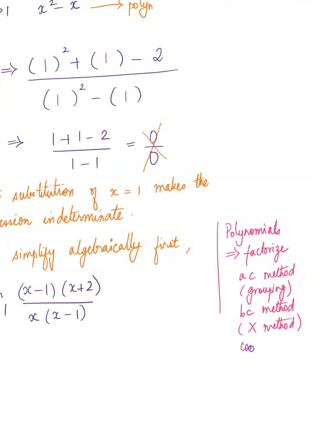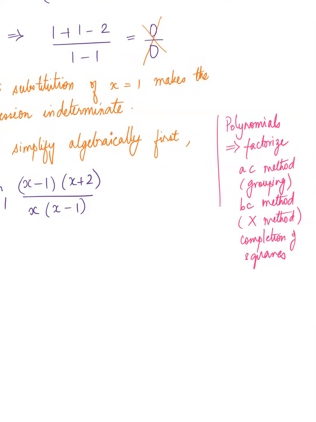Then we have completion of squares. That could help. Square root property. Then we have the quadratic formula itself. So in intermediate algebra, again, you can go to OpenStax, and because it's a free book, you have access to the algebra content as well. So go to the intermediate algebra ebook there, and you can go over these topics there to refresh your knowledge.